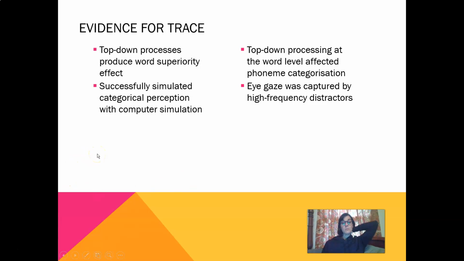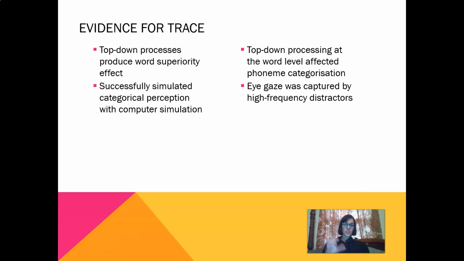This has actually been successfully simulated with a computer. Additionally, there is evidence of top-down processing, and this does affect how we categorize phonemes. And additionally, research that has looked at eye gaze, generally there's evidence for this competition and this activation.